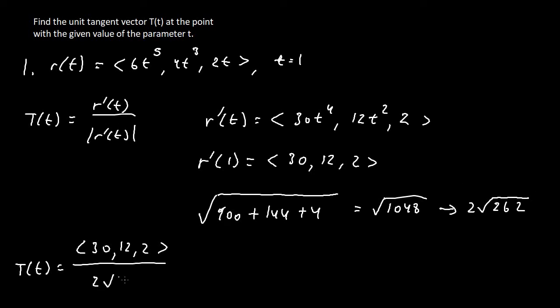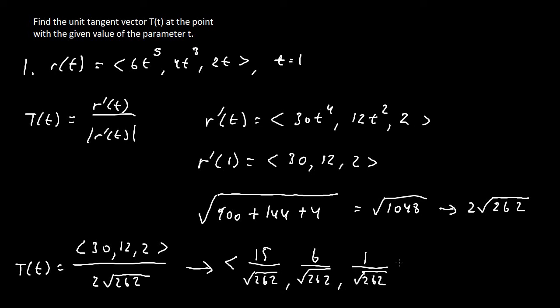Now we can simplify. We just divide each component by 2 times the square root of 262. So we'll get 30 over 2, which is 15, over the square root of 262, comma 6 over the square root of 262, and then comma simply 1 over the square root of 262. And so that's the final answer for the unit tangent vector.